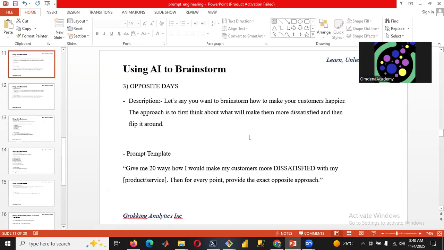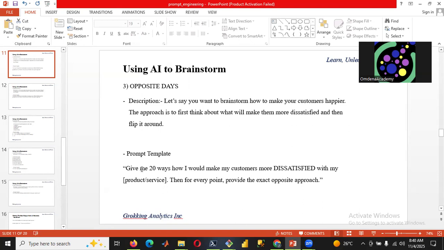It can also be about health challenges or, for instance, students, right? A student coming to your school, how you can make their scores reduce. Then you flip the query around to tell you how you can improve them and get their scores.